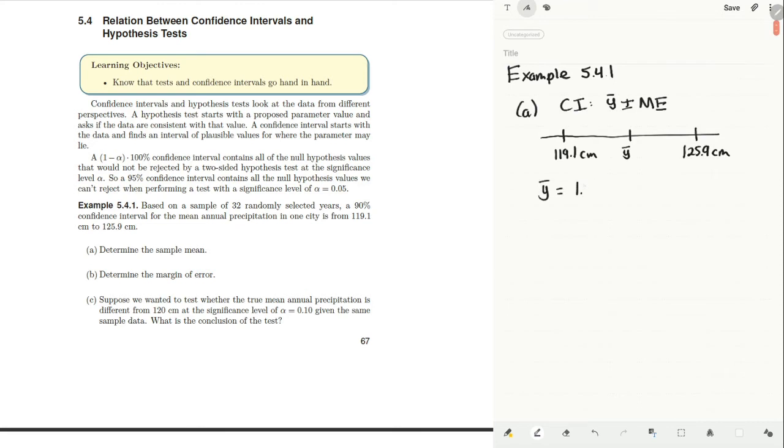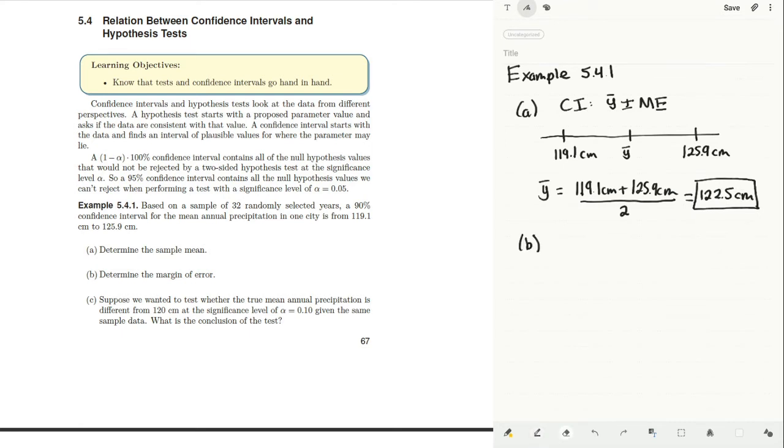So 119.1 centimeters plus 125.9 centimeters all over 2 gives us 122.5 centimeters. And so the sample mean is 122.5.